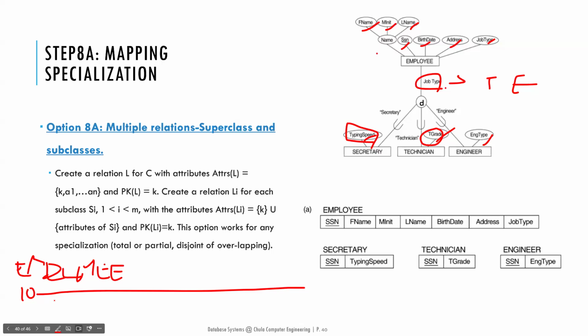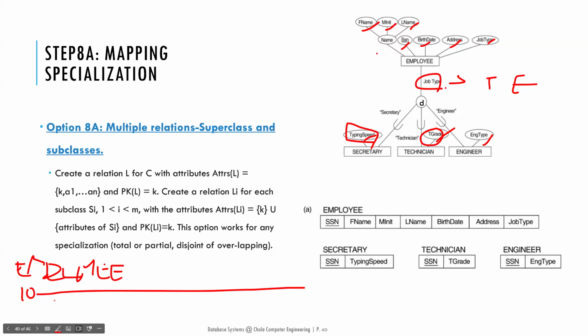Okay, so what happened when you combine the table is that now I have F name, for example, and the address. Now, if this person is an engineering type, then there would be some value in here, an engineering type A, let's say.